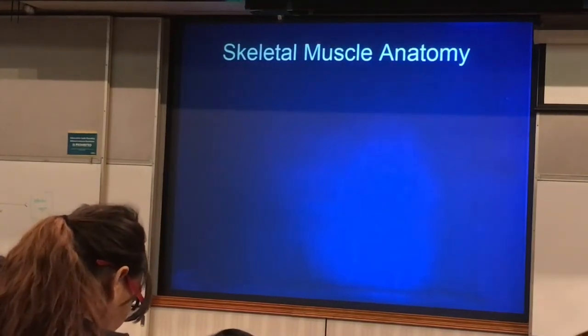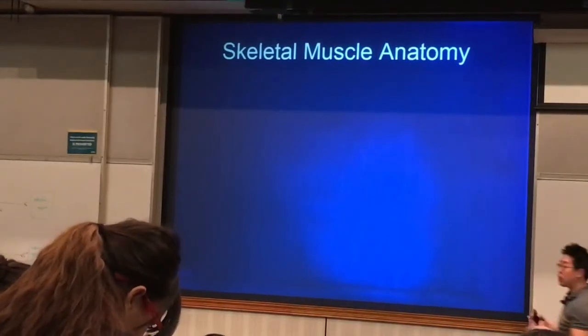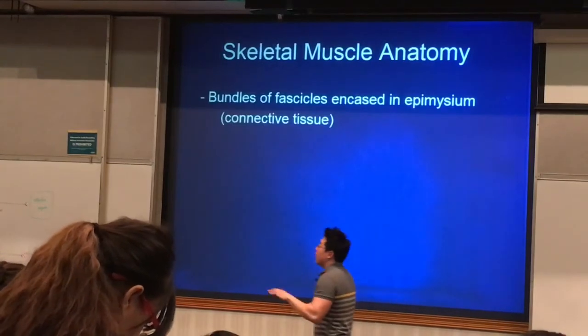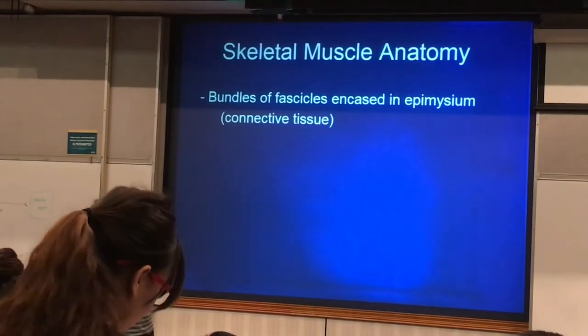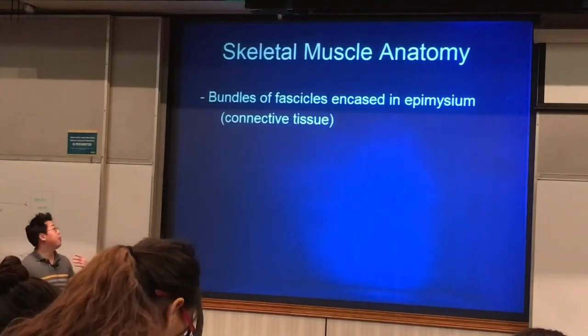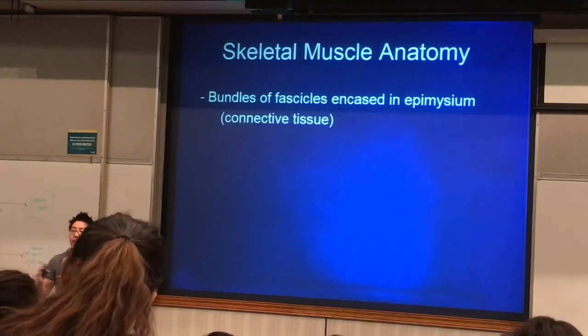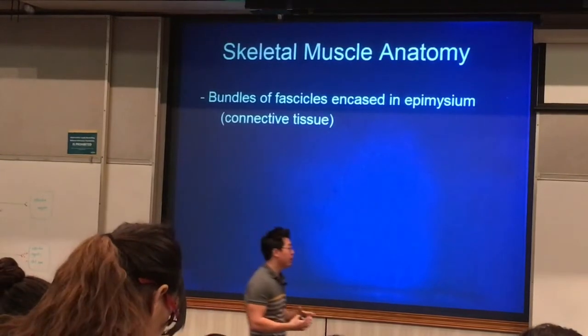Moving on. Let's do a quick review of skeletal muscle anatomy, just to make sure we understand this. Your muscle as a whole is composed of a bunch of other bundles. Those bundles are called fascicles. I hope this is ringing a bell, okay? If not, it's okay. We're still going over it, right?